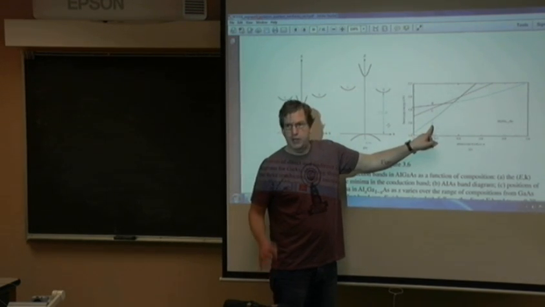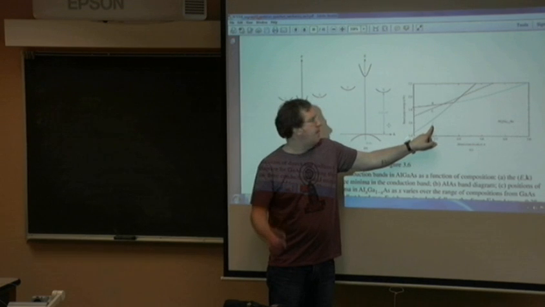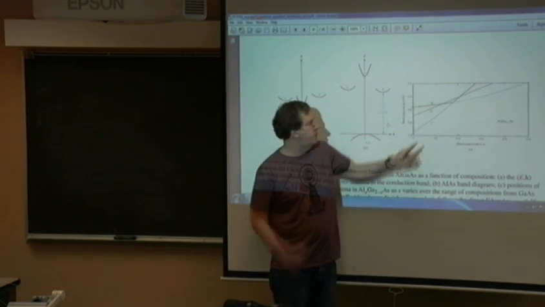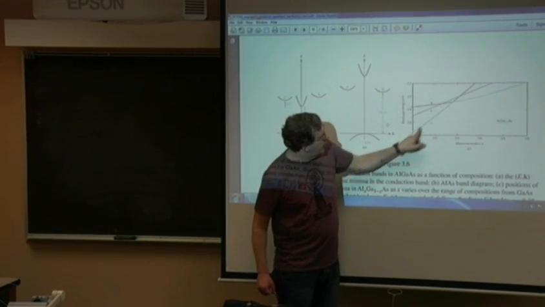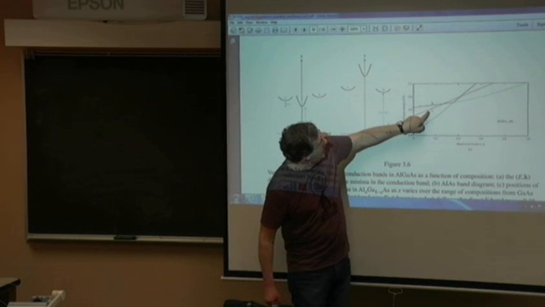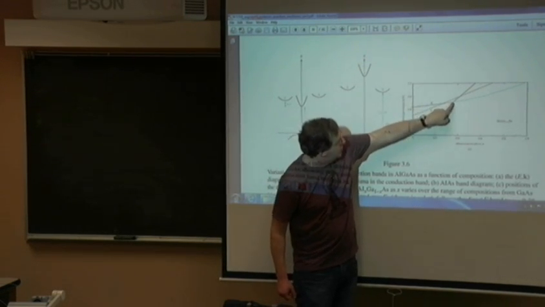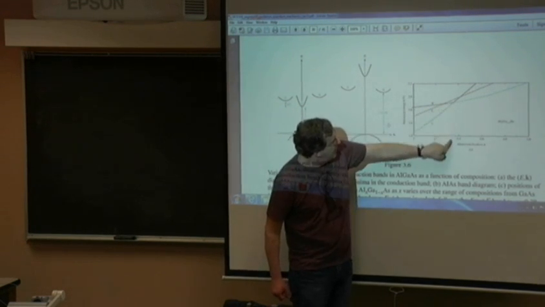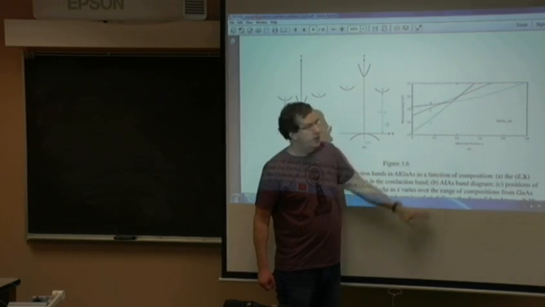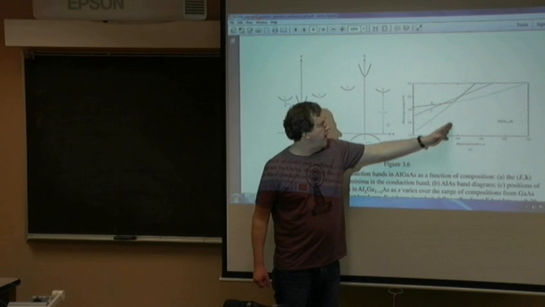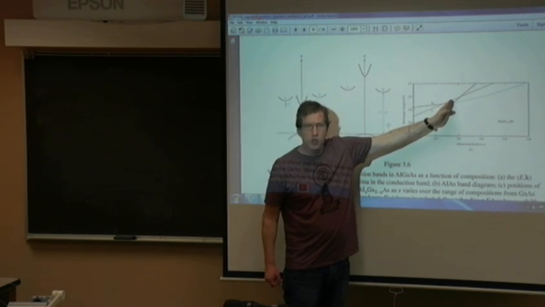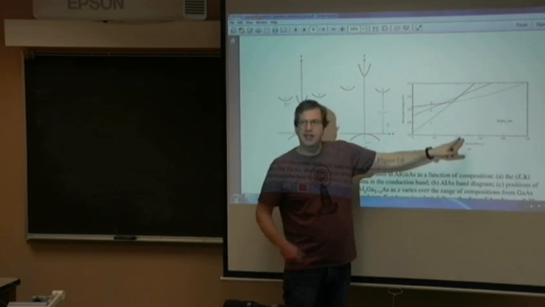The terminology, you might not have fully absorbed that, but gamma is representative of direct band gap. It's direct band gap until these X or L valleys, the indirect valleys, cross, which is right here. So it's a little beyond 30%. So this actually puts a boundary condition on how much aluminum I can put into aluminum gallium arsenide and still get light out.